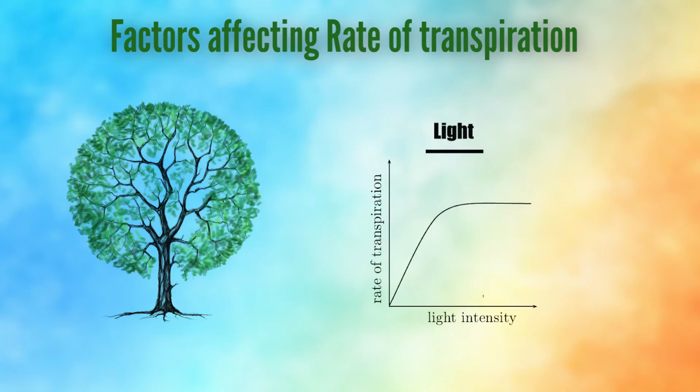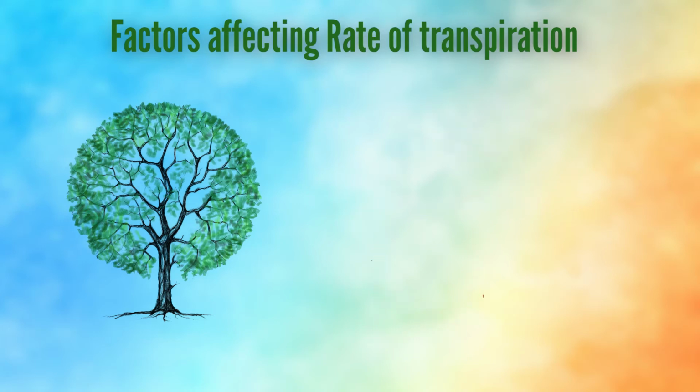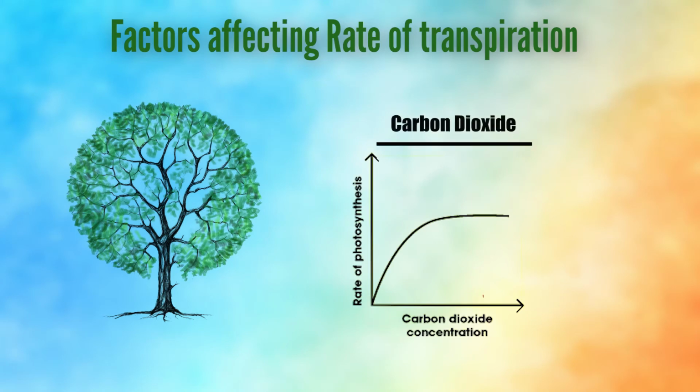Light. Light increases transpiration because light promotes stomata to open and it also increases the temperature. Carbon dioxide. Carbon dioxide has an inhibitory action on transpiration.